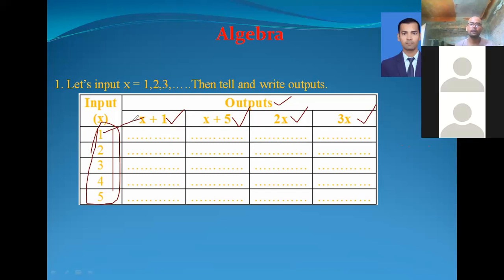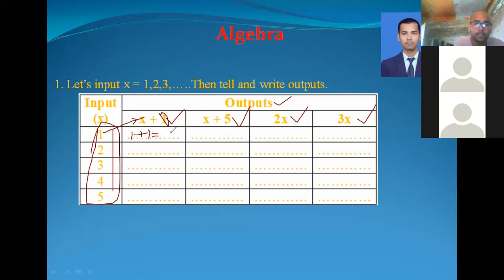So when we replace 1 in the first expression, we replace the number for the given variable. The given variable is x. So at the place of x we have to write 1, and plus, and there is given 1. So we write this, and then equals, we have the answer 2.